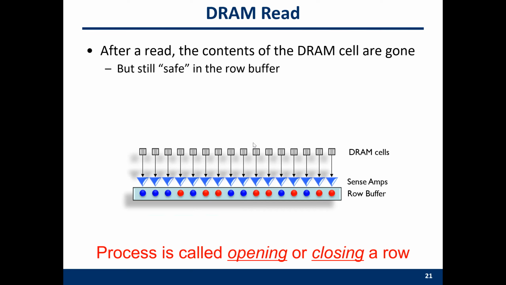Then if you keep your row open like this, you have to do the restore first and then open another row. This restore latency and row opening latency will all be on the critical path. For those types of application which have no spatial locality, you should adopt the closed row policy. You should actively close it.